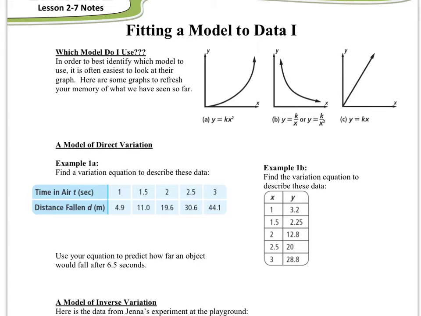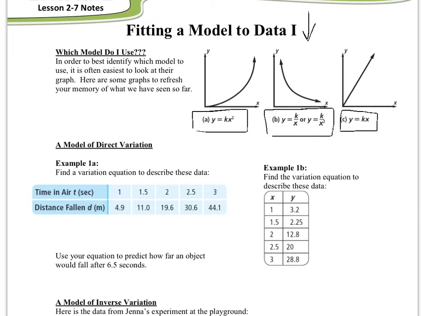So let's review a little bit. You can see the different graphs over here and what the relationships are, what they look like. Make sure you can identify the graph and identify the variation equation that goes with the graph. So we know y equals kx squared looks like a curve going up in the first quadrant, where the second graph, y equals k over x or y equals k over x squared, is a curve going down in that first quadrant.